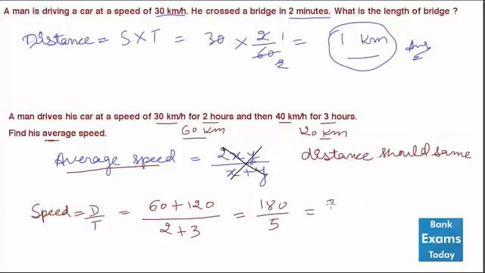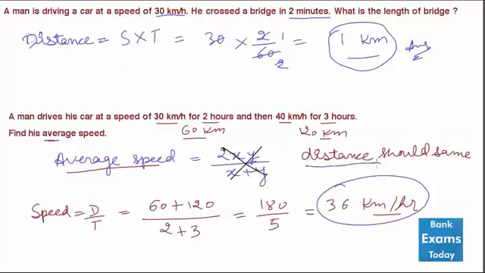So 36 kilometers per hour is our answer. So what we learn here is we can't apply the average speed formula when the distance is different. So apply the average speed formula only when the distance is same.